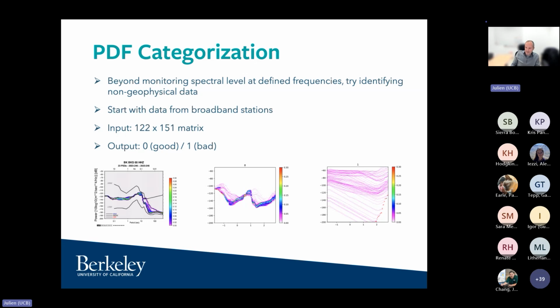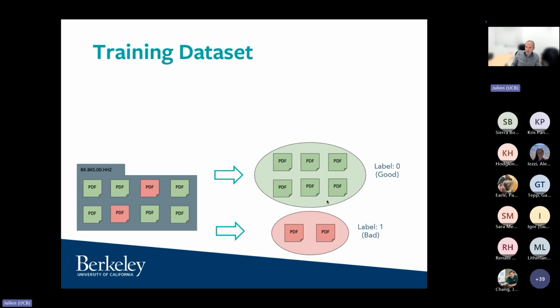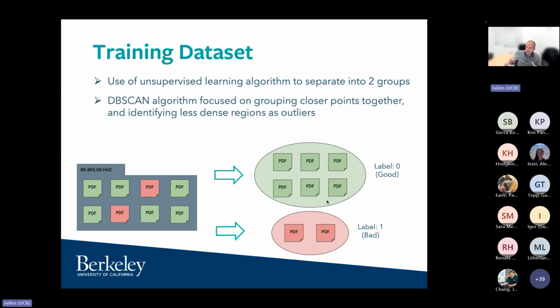So just 2 categories. First, we had to build a training data set. And of course, we didn't want to review all these PDFs one by one to decide if they are good or bad. So we decided to use an unsupervised learning algorithm first. One very standard one is DBSCAN, which allows grouping all the close points together and identifying the outlier regions.